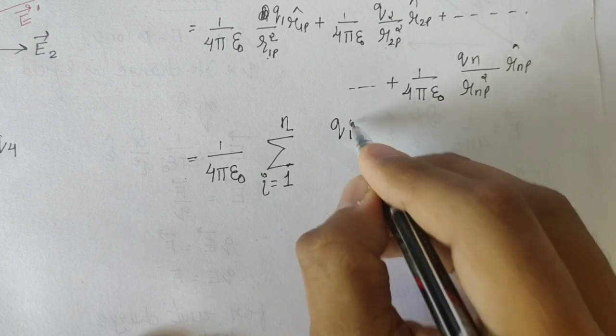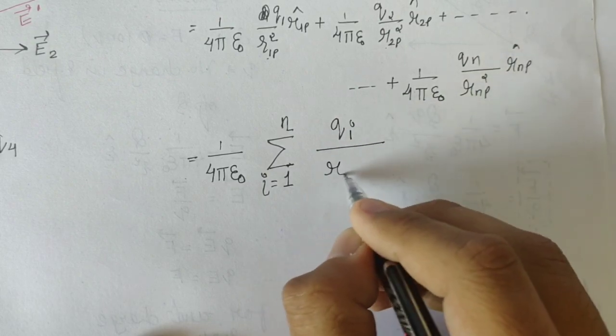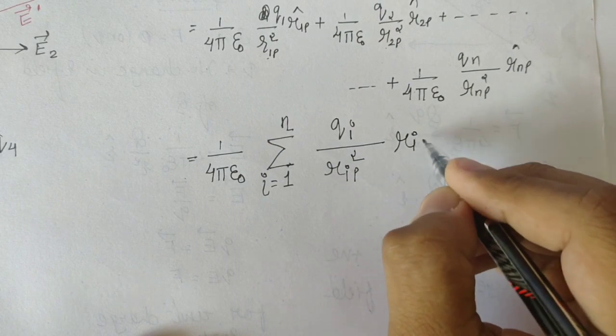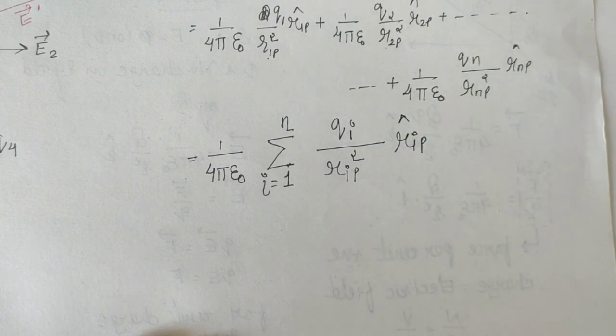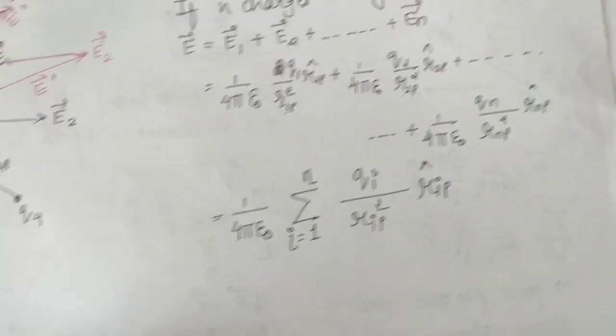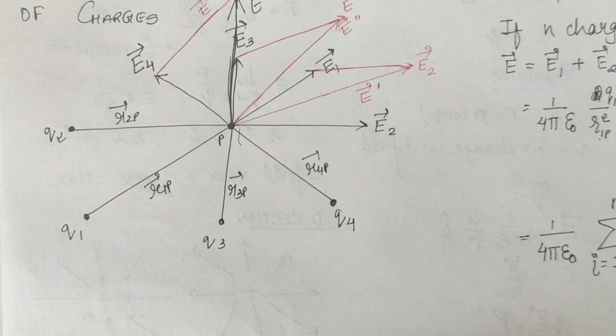It's Qi upon Rip square, Rip caret. So this is the resultant electric field equation for n charges, and this topic is the electric field due to a system of charges.